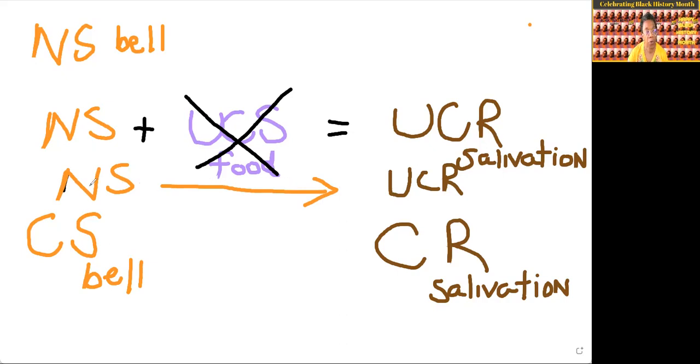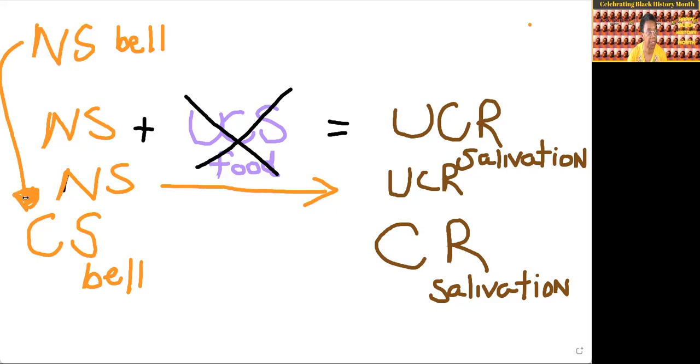So ring, ring, ring, ring. What did the dog do? It had the response, okay? But now the response is conditioned because it was paired with the unconditioned stimulus, sorry. So if you notice here, the neutral stimulus becomes the conditioned stimulus.